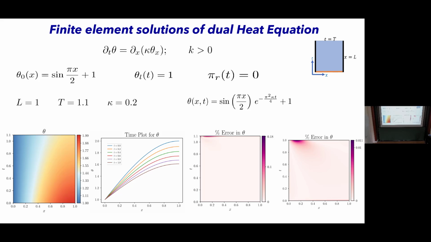These are good solutions, okay? Errors are 0.18%. And if you hack it off over here, it's 0.011%. So you can nail this, no problem. The thing works. Okay, so that's that.